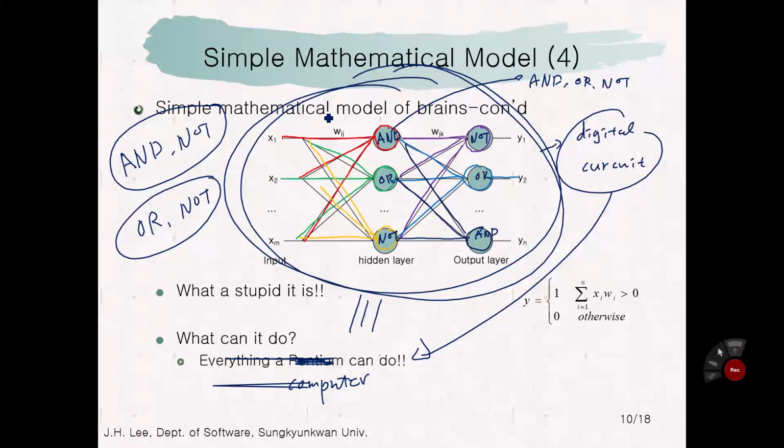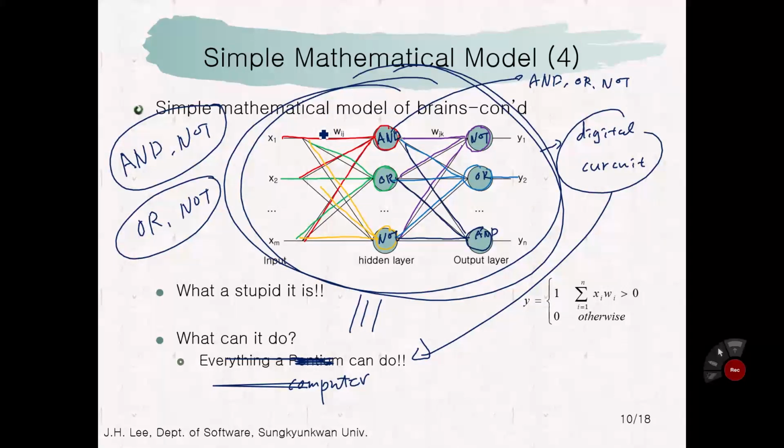Why? If this neural network cannot solve this task, then you have to stop using the neural network. But now I answer the question. Don't worry about it. A neural network can do everything that a computer can do, right? So this is a very important statement.